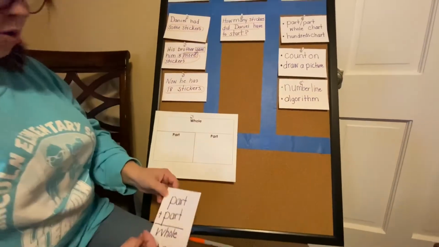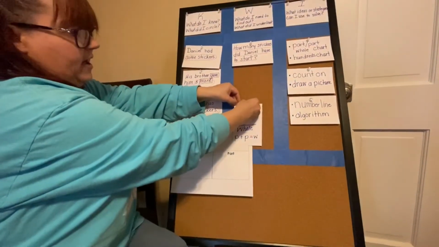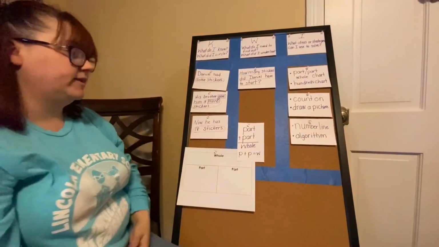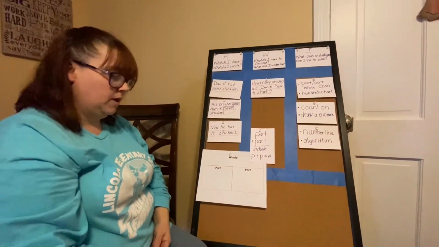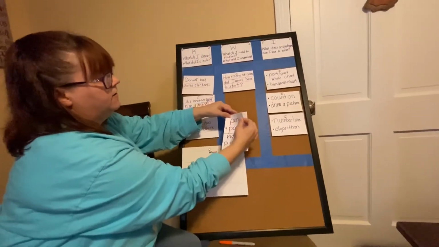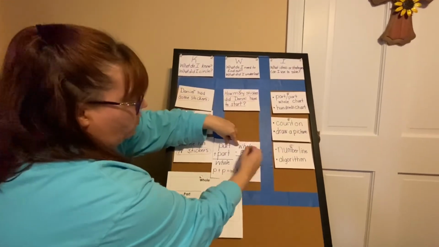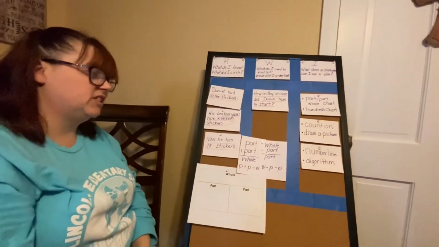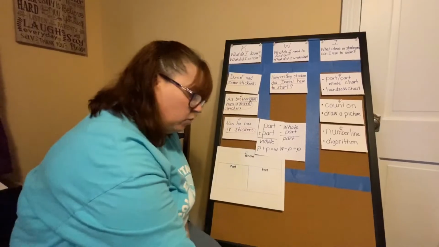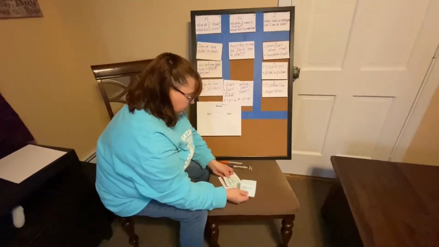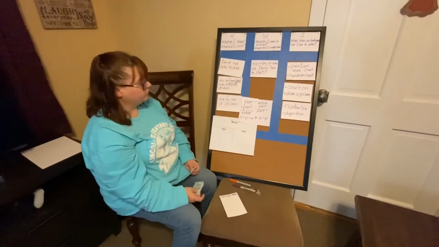So I know with part whole that if I have two parts, I add them together to get the whole. If I have a whole and a part, I know I have to subtract those to get the other part. So let's see what I have. I know Daniel had some stickers and he got 5 more.